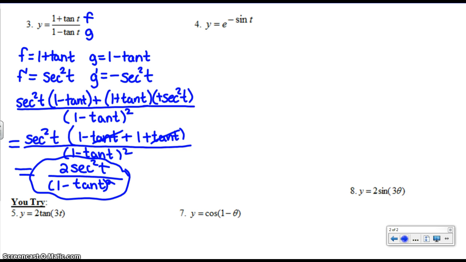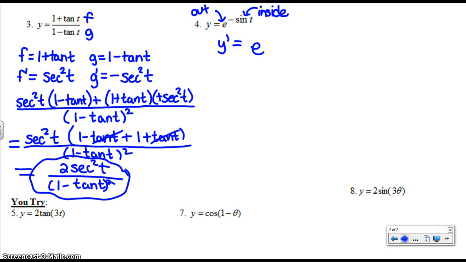Okay, and number 4, again, you can see that this is going to be a chain rule because we have an inside function and an outside function. So the question is, which is which? So the e is always going to be the outside, and the exponent of the e is going to be the inside. So you're going to start by taking the derivative of the e function. And the derivative of e is always just the repeat of itself.